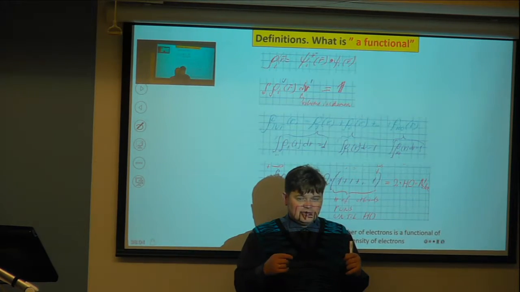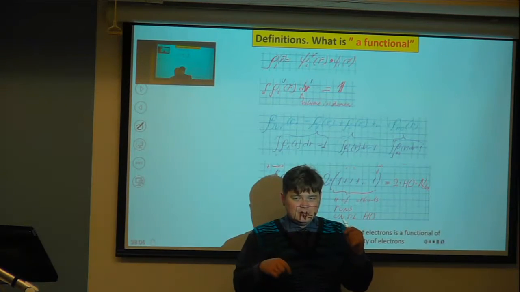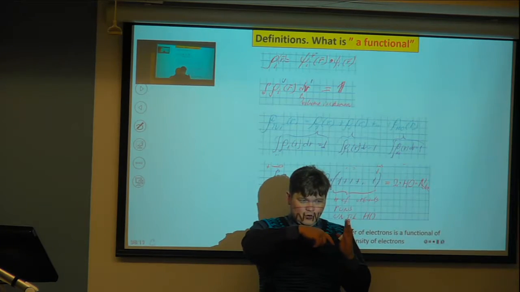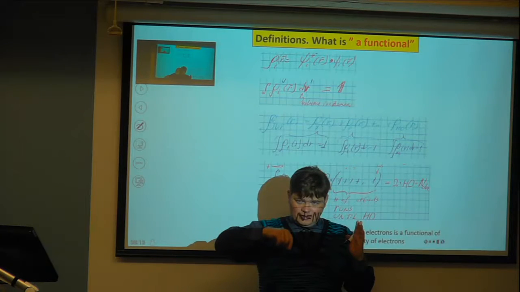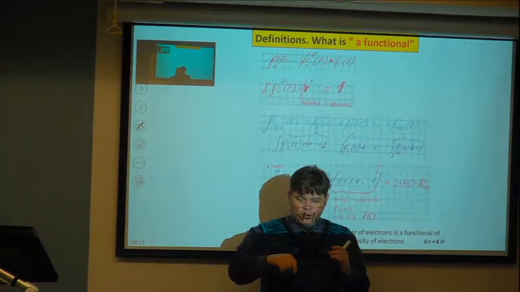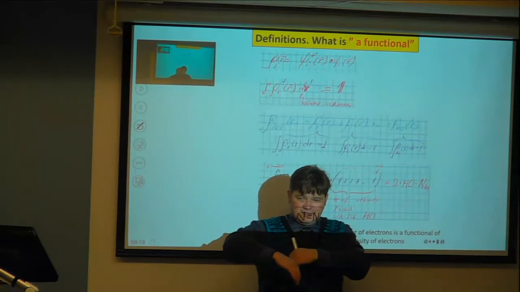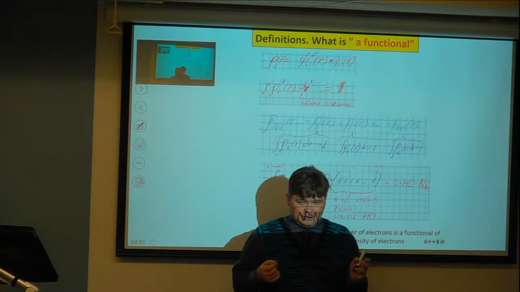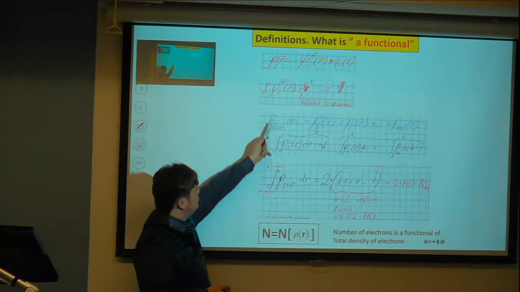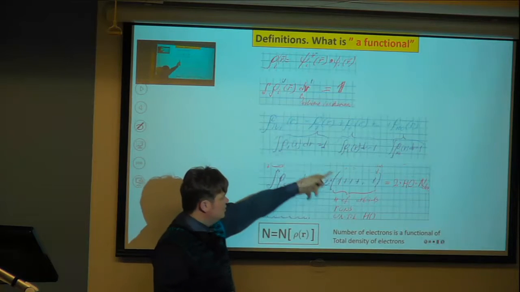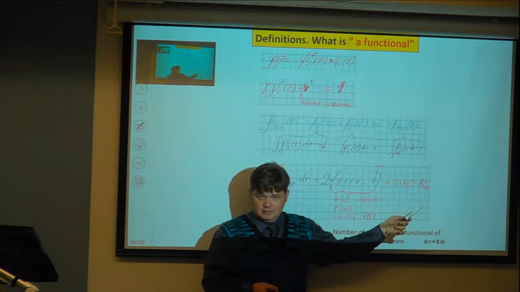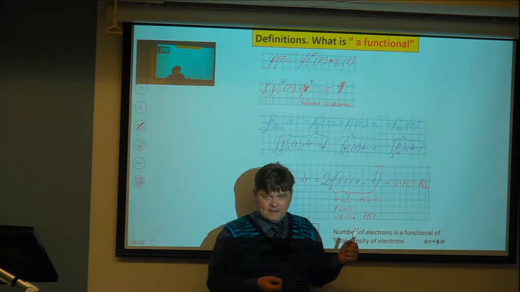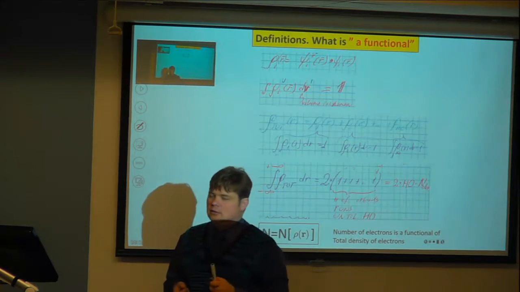The procedure that converts one number into another number is a function. If you have y as a function of x, for 1 x you have 1 y. But if instead of 1 x you have 1000 x's, and you still get 1 y, this is called a functional. An example is here. You integrate your total charge density and you get the number of electrons. Functional.